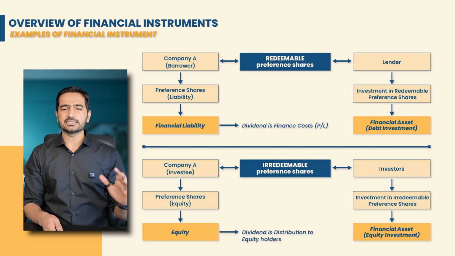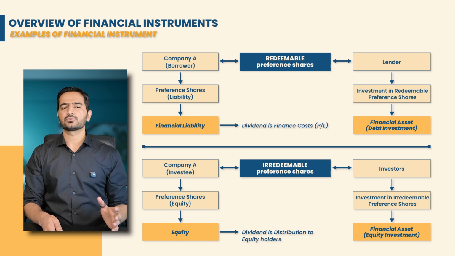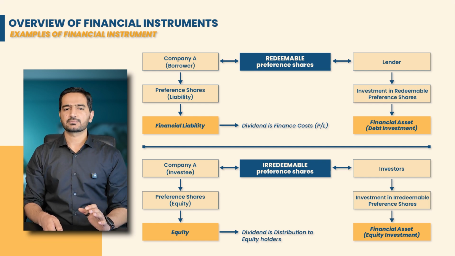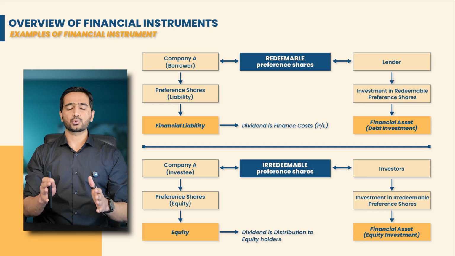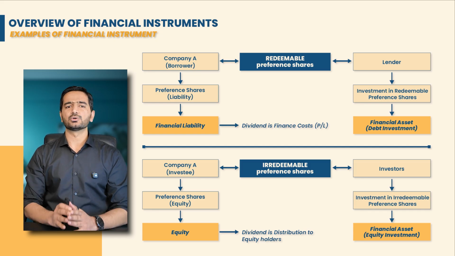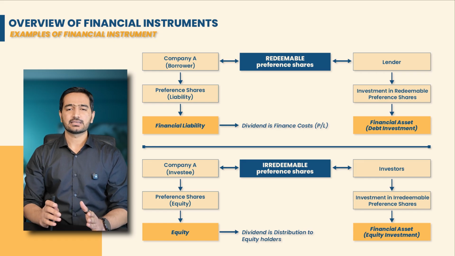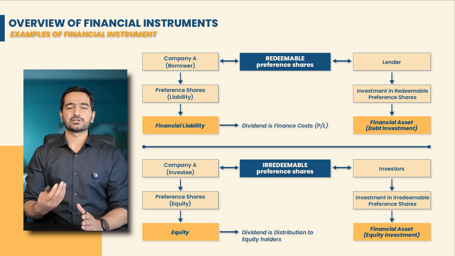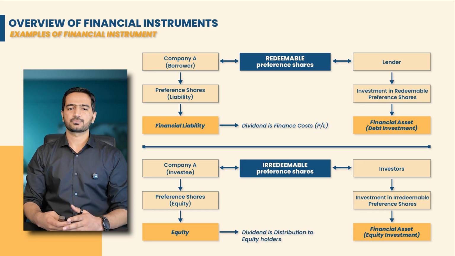So it goes in the statement of changes in equity, not in the profit and loss. This is one of the most commonly tested points in exams, my friends. Where does the dividend go? And the answer is, it depends on whether the instrument is classified as a liability or equity. So are we clear on that?